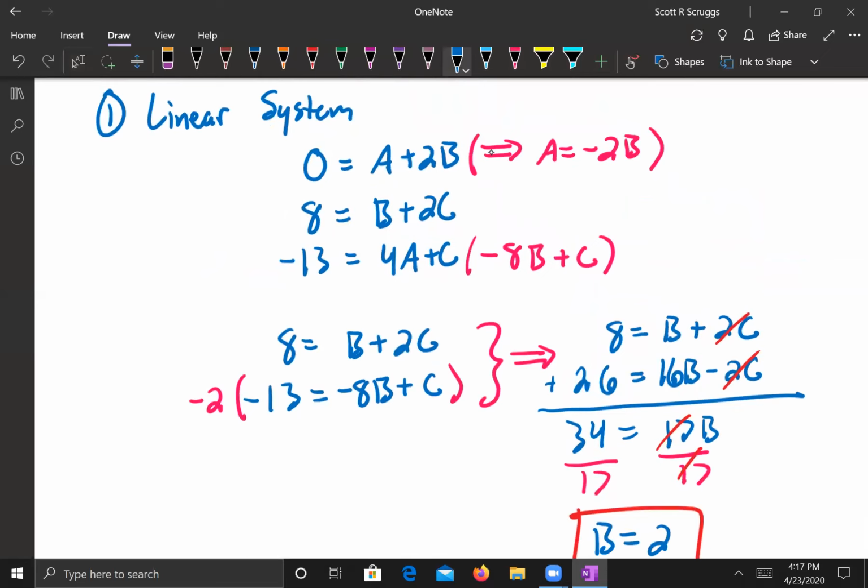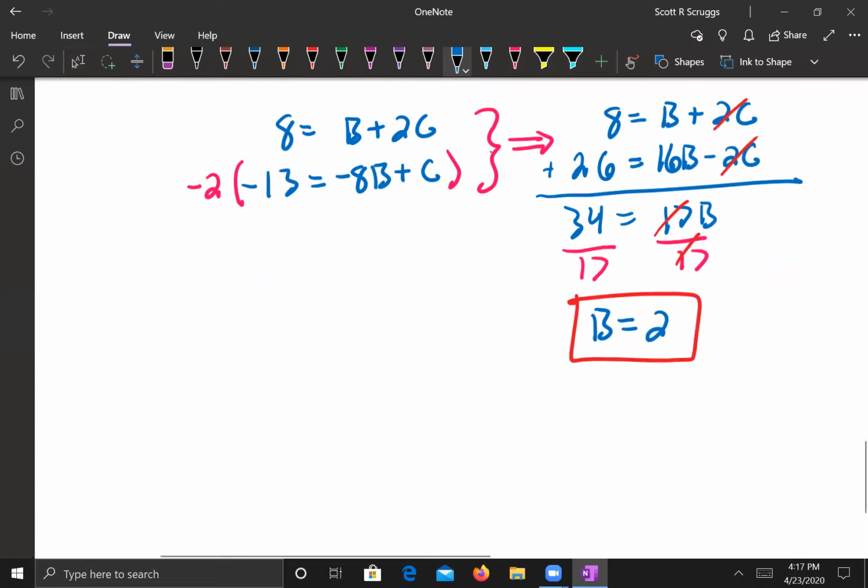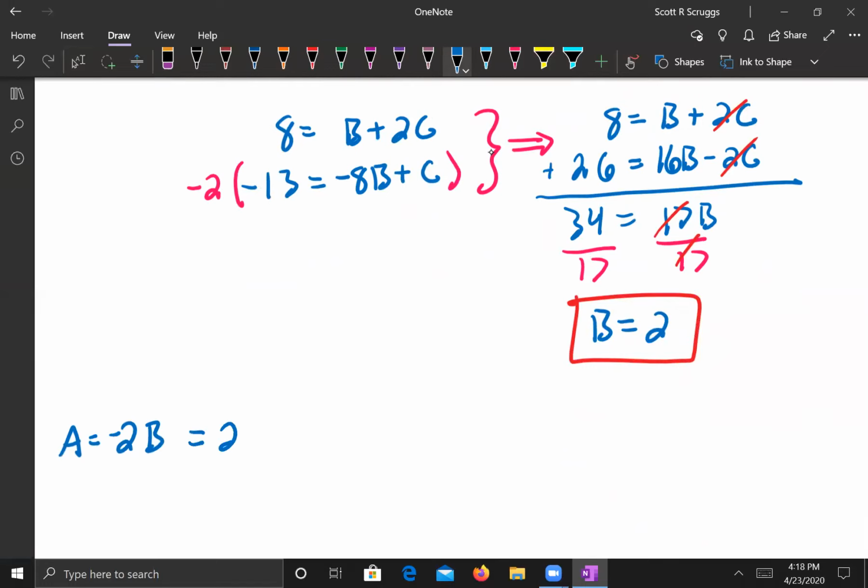In this case, I could quickly solve for a, because I concluded before that a equals negative 2 times whatever b is. B is now positive 2, which means a is now negative 4.